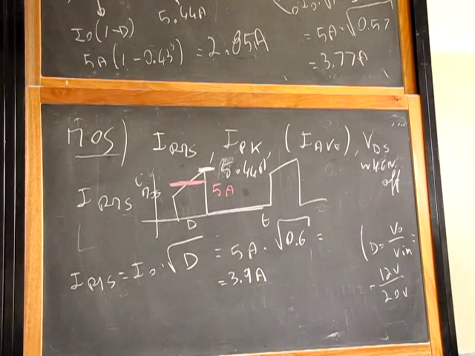RMS current through the MOS transistor is 3.9 amps.